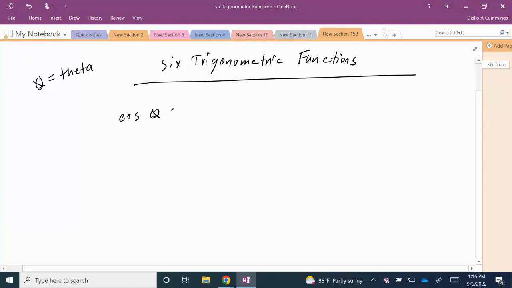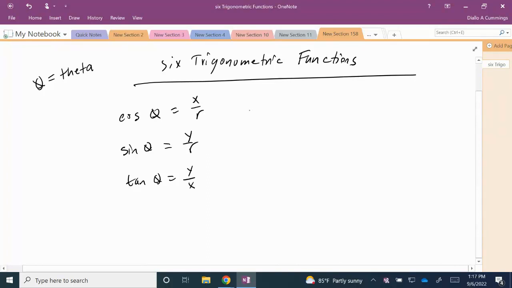So these are still unknown quantities, variables. So we have the cosine of theta is equal to x over r. The sine of theta, and theta is just some unknown angle, that's equal to y over r. The tangent of some angle is equal to y over x. And then we have the reciprocals.